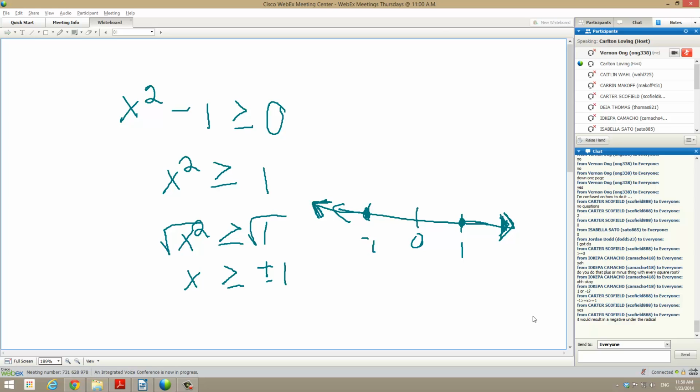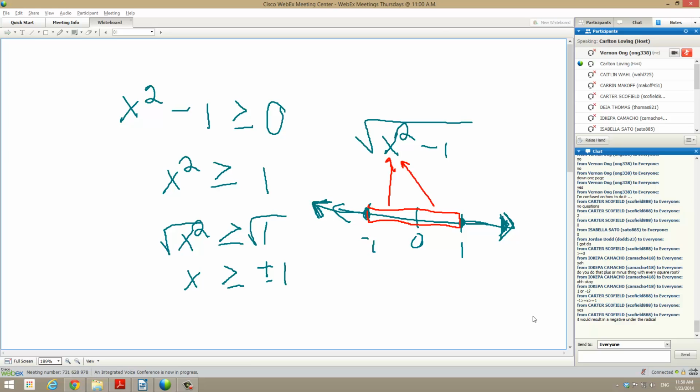Because remember, this all started out with the square root of x squared minus 1. Any of the stuff in here that we would input, even if it's a negative value, it's going to become positive.